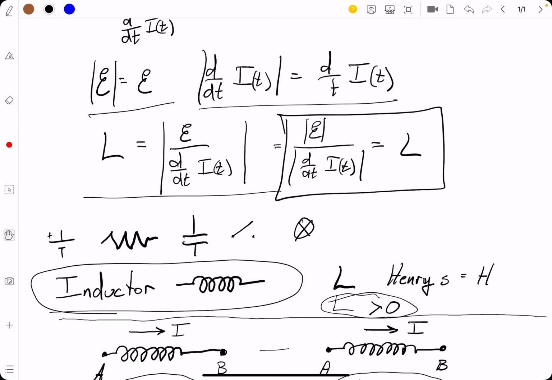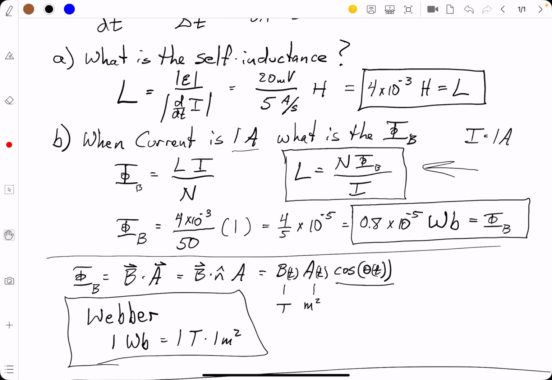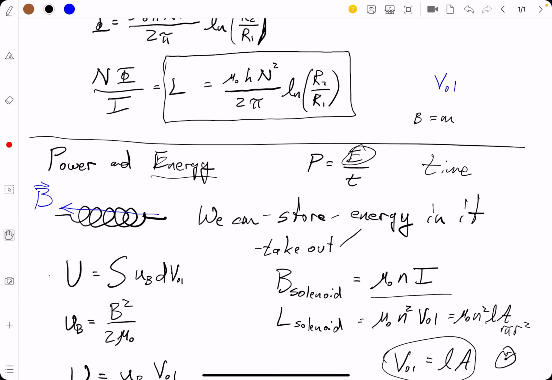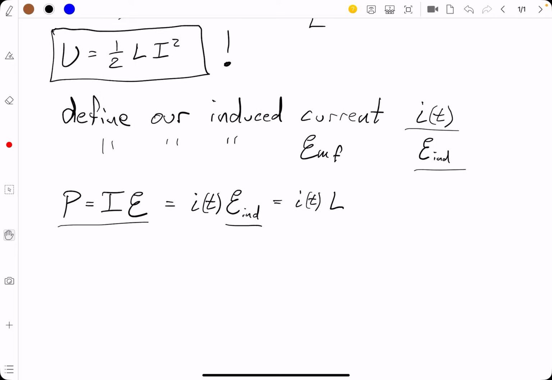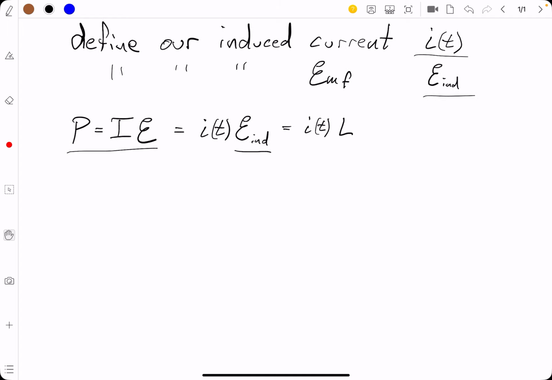So let's go back down. All right, so here's our derivative of i with respect to t.